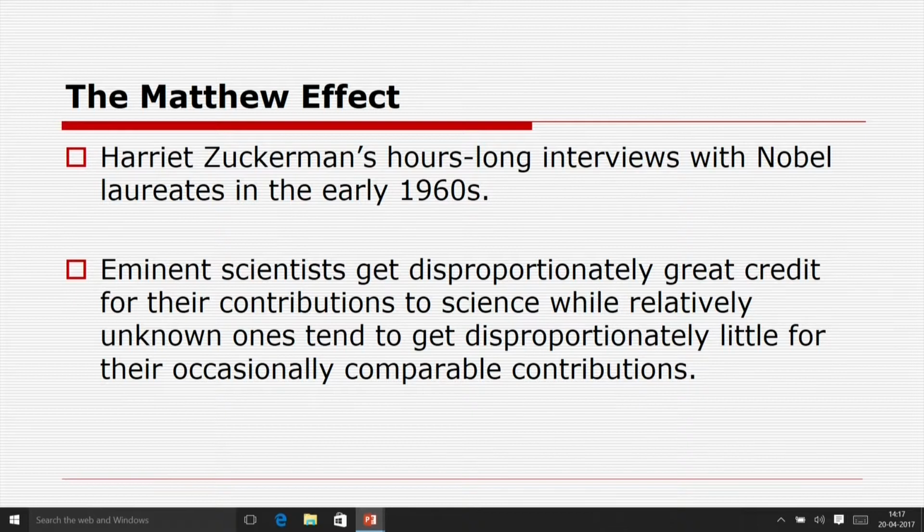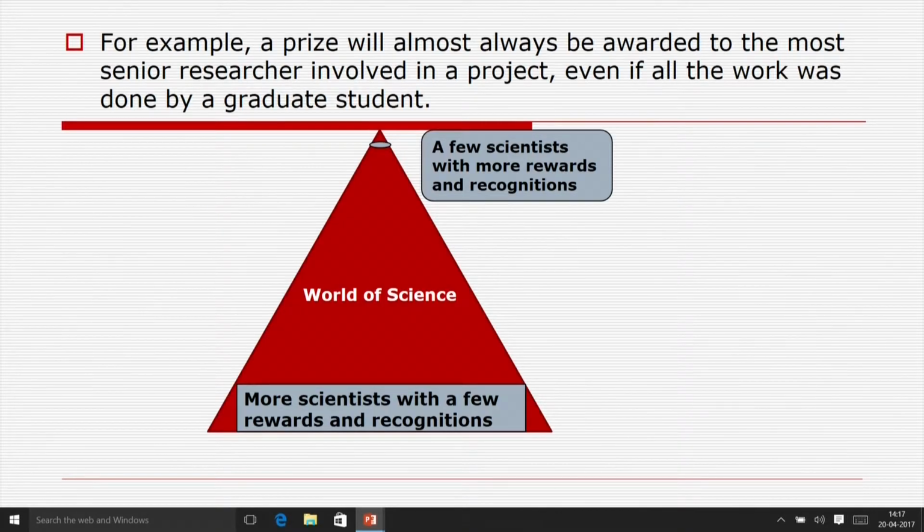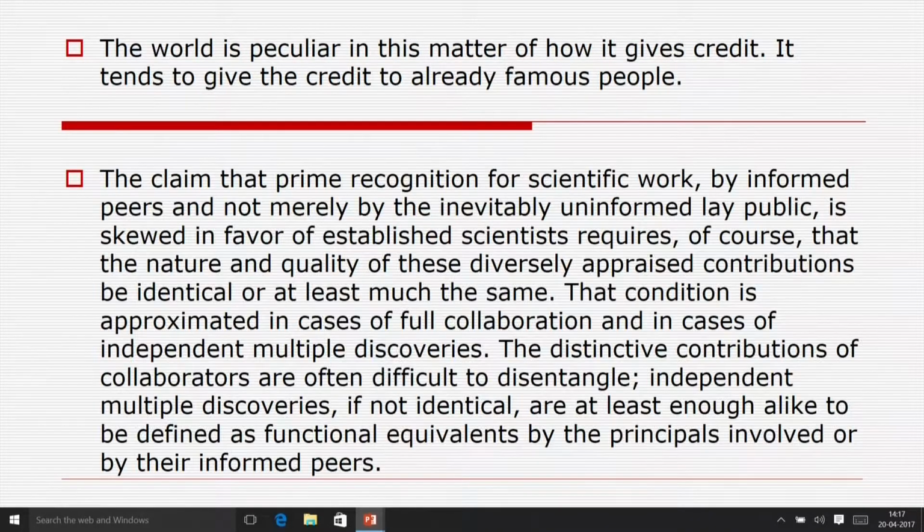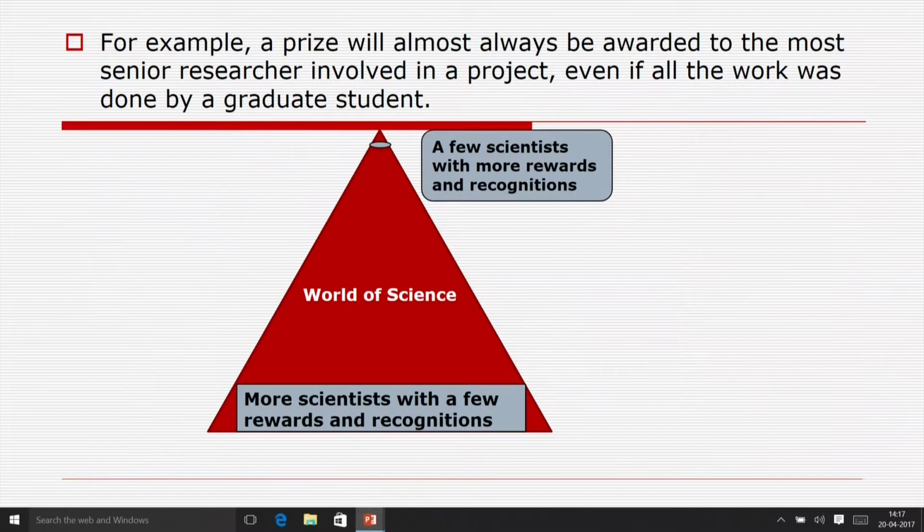Let us put it this way: for example, a prize will almost always be awarded to the most senior researcher involved in a project, even if all the work was done by a graduate student or a junior scientist.